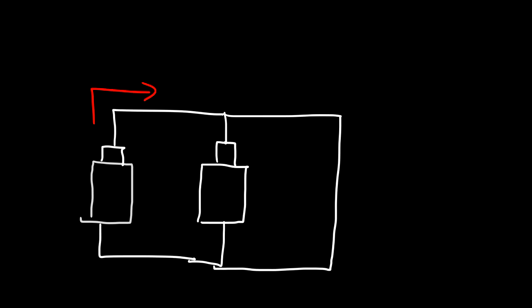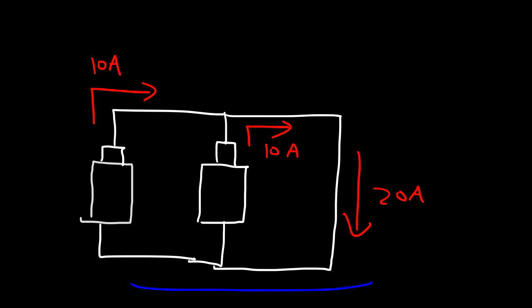This will still deliver 10 amps of current, and this will deliver 10 amps of conventional current. So the total current flowing in this branch will be 20 amps. So if you connect two batteries parallel to each other, you can increase the current that they deliver to a circuit. Now keep in mind, the electrons are flowing in the opposite direction, from negative to positive.